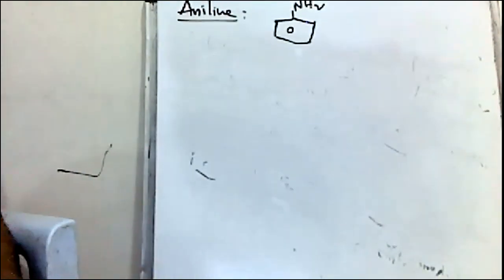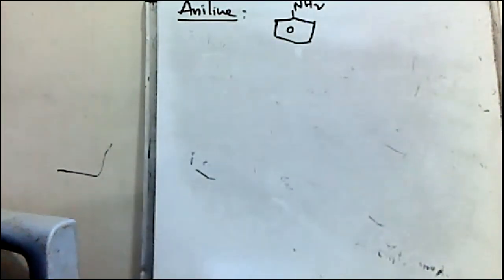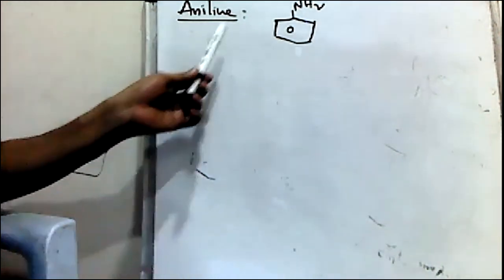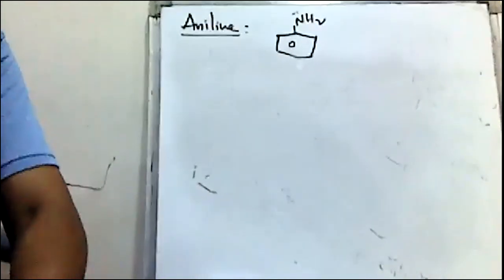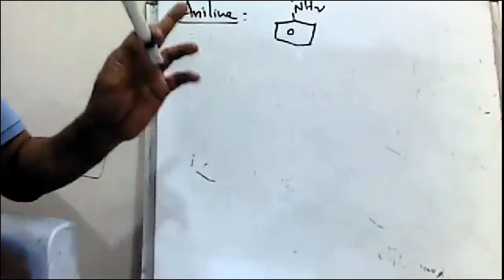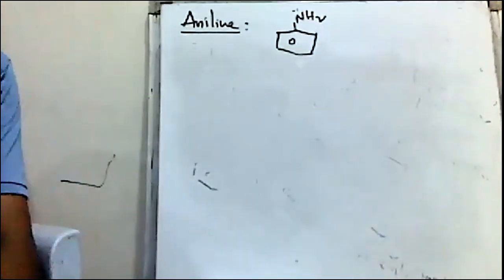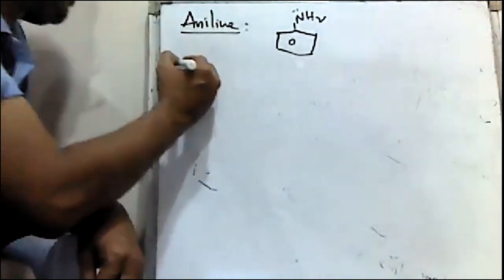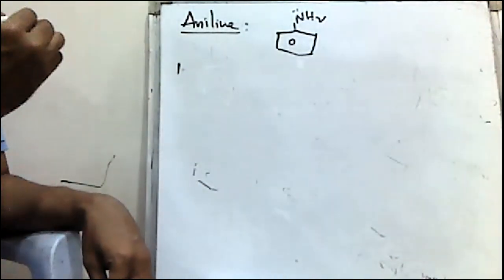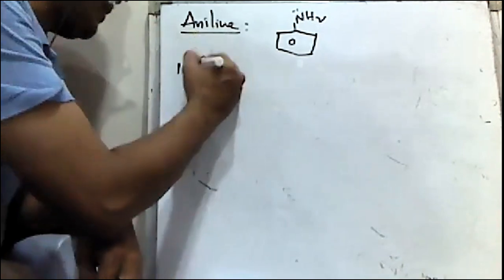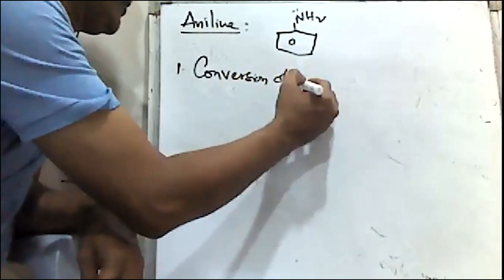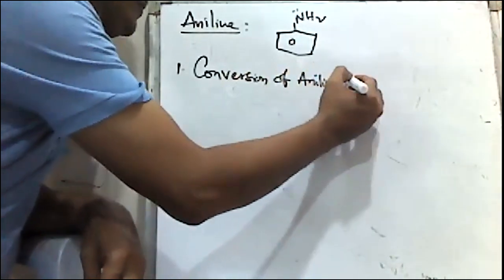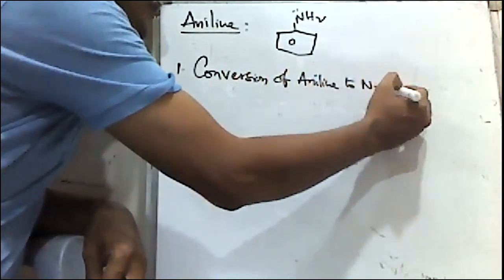If we are able to decrease the availability of the lone pair of electrons on nitrogen, then we can control the reactivity of the NH2 group. So first, we need to convert aniline into N-phenylethanamide (acetanilide).